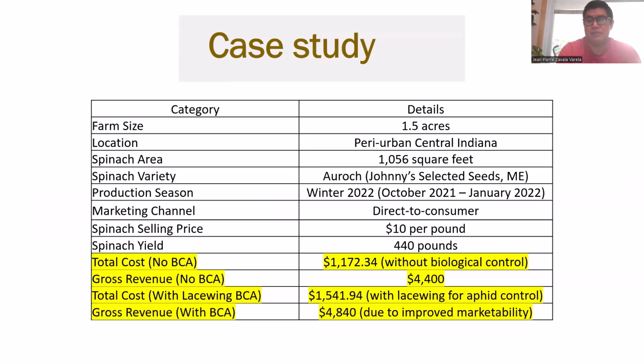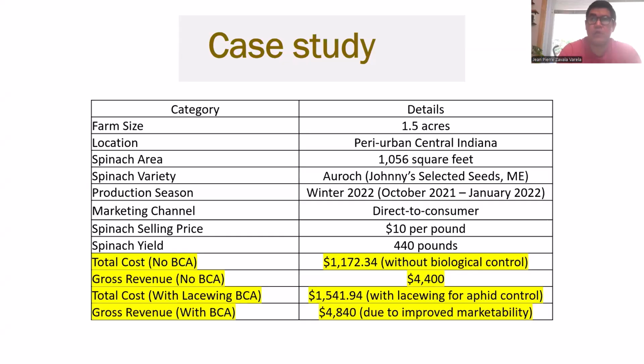They sold in direct-to-consumer channels like restaurants and farmers markets, at a price of $10 per pound of spinach, and the yield for that spinach cycle was 440 pounds. The total cost was $1,100 without the introduction, in other words, with their conventional methods, and the gross revenue was $4,400.